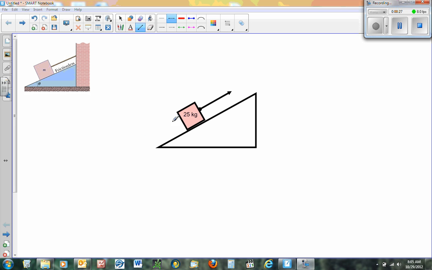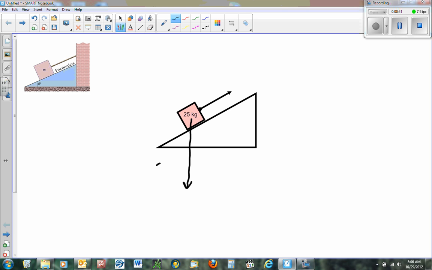Well, if you will remember, let me get my pen working here. There is a gravitational force that points directly down like this. I'm going to make it kind of long so we can see it. And it's going to be 250 newtons.